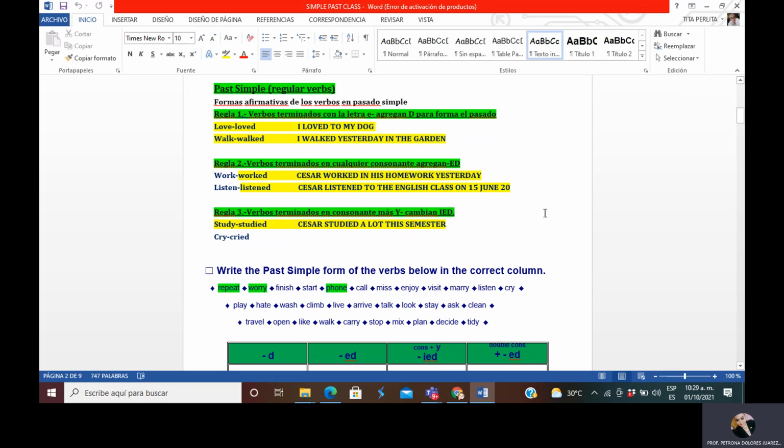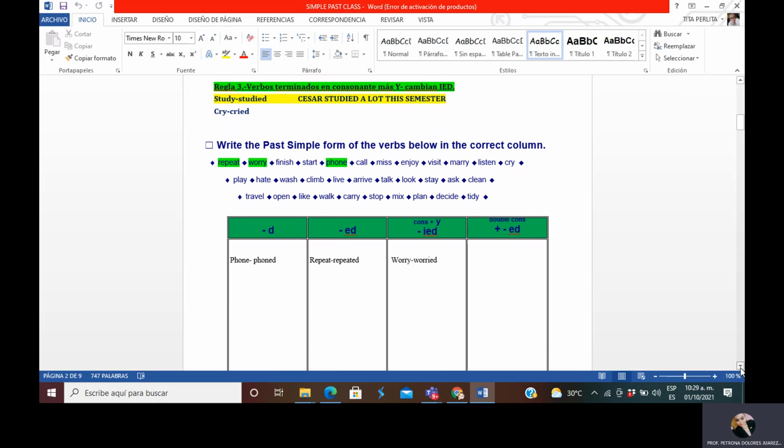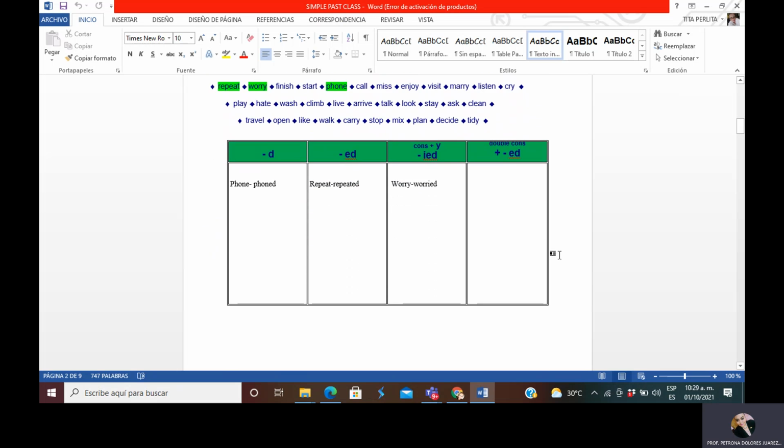Regla 2, verbos terminados con cualquier consonante agregan ed y verbos terminados con consonante más y cambian a ied. Esta es mi interpretación que yo hice y aquí tengo ejemplos. Y aquí tengo los que ya coloqué y les comentaba hace rato que en este caso sería stop y pasaría como stopped. Si gustan checar una lista de verbos, ahí van a verificar lo que les estoy hablando, ¿va?